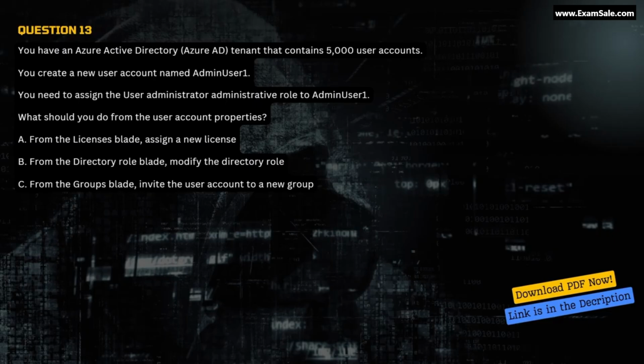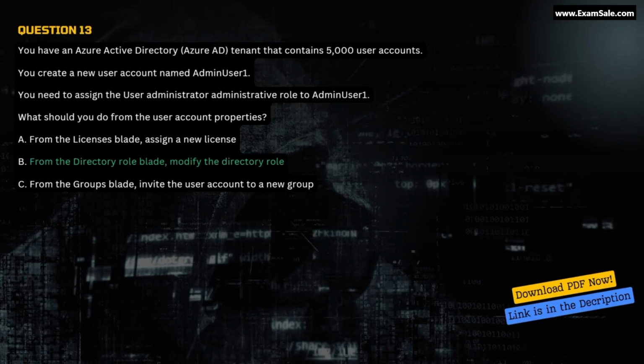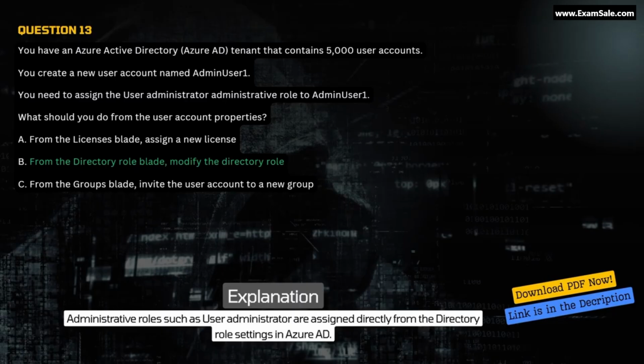B. From the directory role blade, modify the directory role. C. From the groups blade, invite the user account to a new group. Correct answer B. From the directory role blade, modify the directory role. Explanation: Administrative roles such as user administrator are assigned directly from the directory role settings in Azure AD.